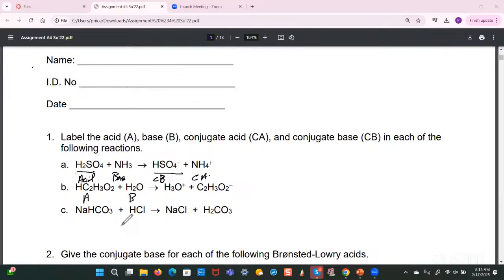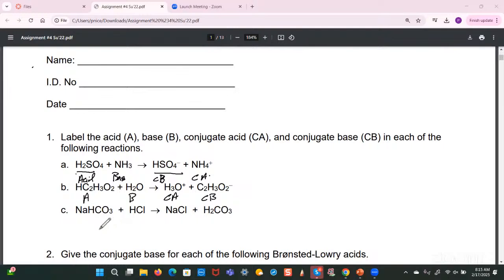So let's look on the right side now. Which one of the two would be the conjugate acid of the base on the left side? H3O plus, exactly. So this would be the Ca, which means that this would be the Cb, resulting from the hydrogen ions being lost by the acetic acid.